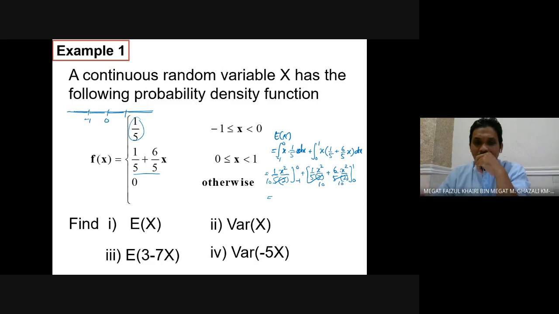So substitute x with 0. 0 squared equal to 0 over 10 equal to 0. Minus -1 squared equal to 1, 1 over 10, so -1/10.